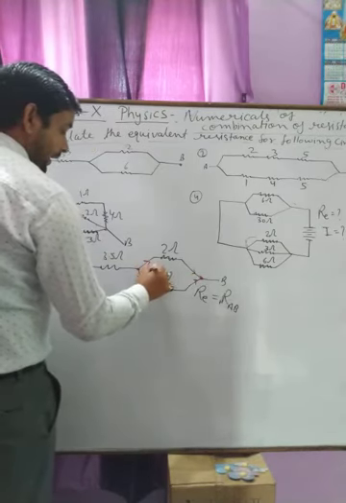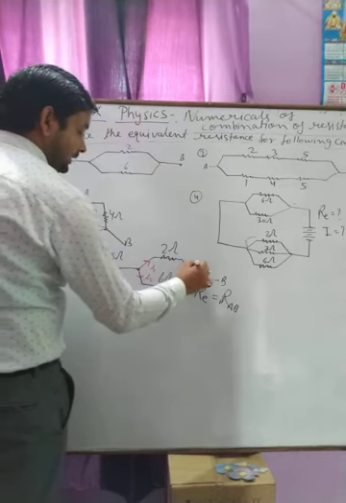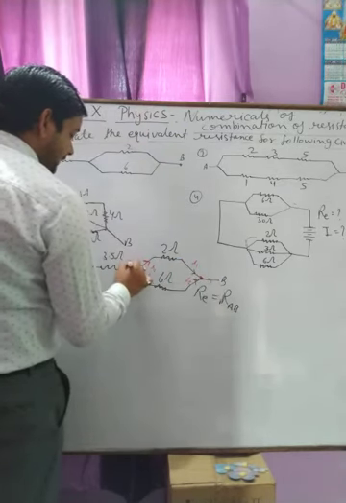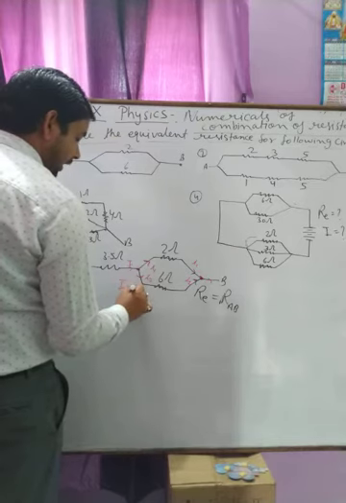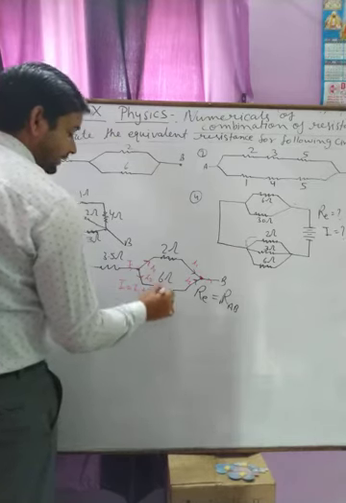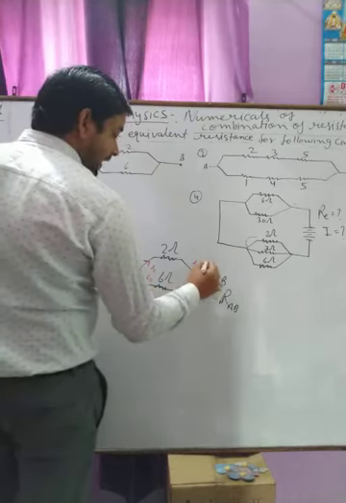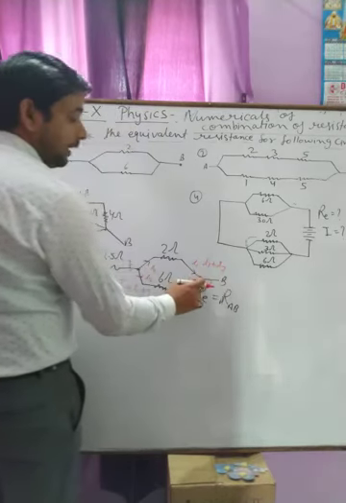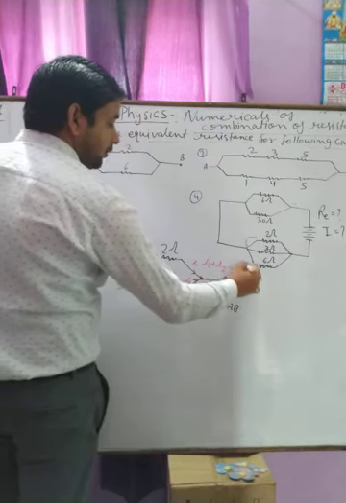Let here be I1, here I2, this I1, this I2, and the actual current is I, that is I is equal to I1 plus I2. Similarly, when it reaches point B, currents I1 plus I2 combine, which is equal to current I.